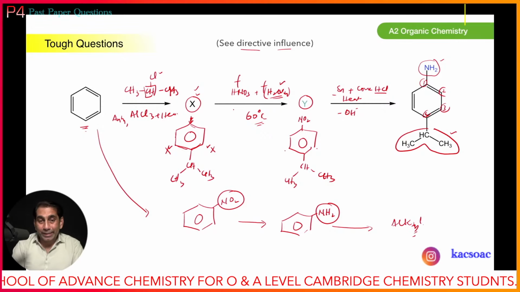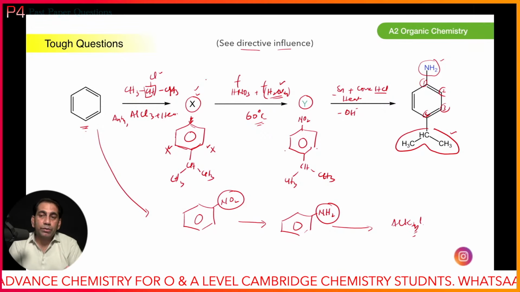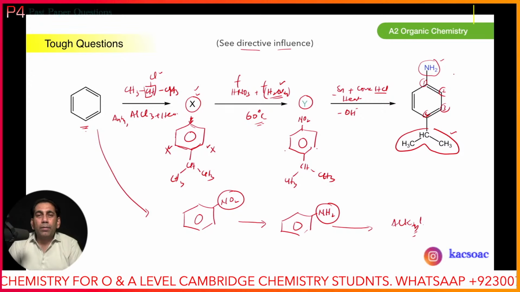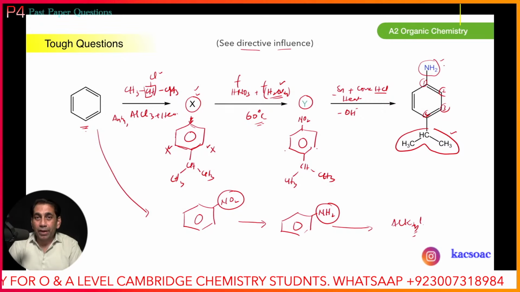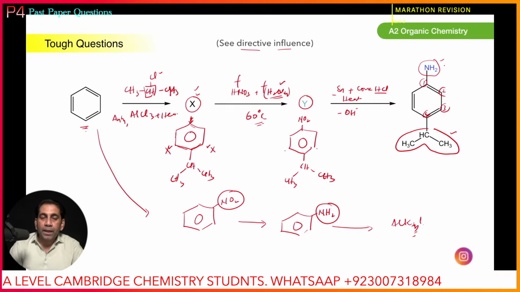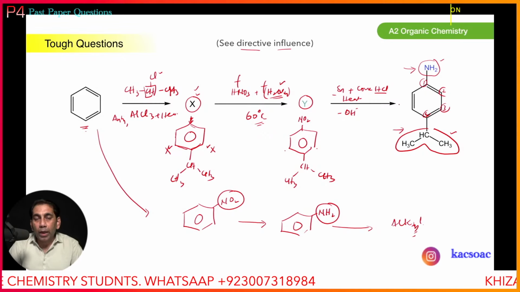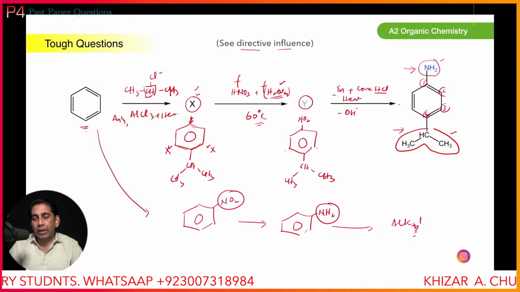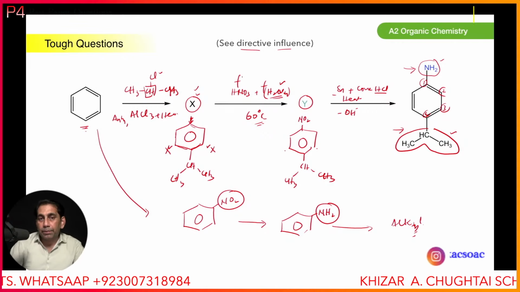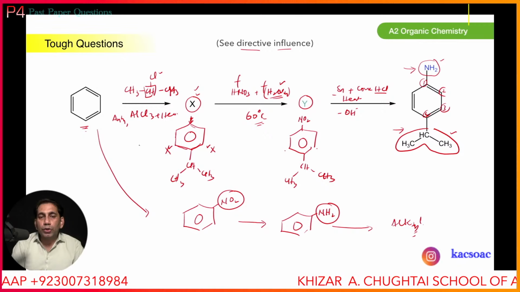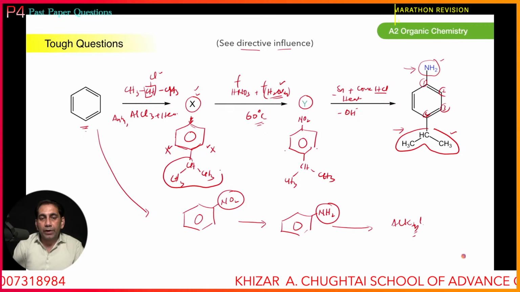So in my opinion, this is the exact rule: whenever you are going to introduce 2 or more than 2 different groups on the benzene ring, listen carefully. Whenever you are going to introduce more than 1 substituent on the benzene ring, as far as my priority sequence is concerned, you should introduce alkyl first.